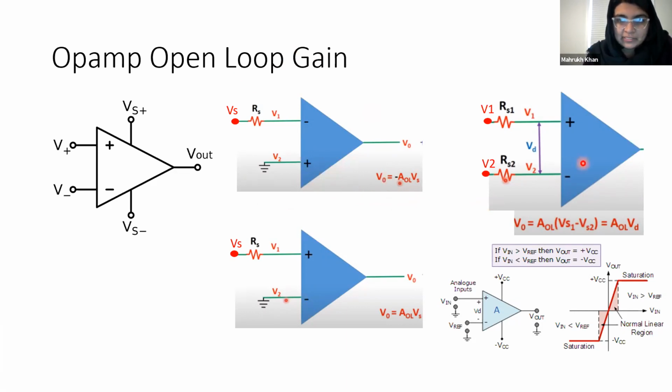When you are using it as a comparator, if V1 is greater than V2, it will be in saturation in this range. If V2 is greater than V1, it will be in this state. So it always has extreme cases for the open loop comparator, because its AOL is very, very large.